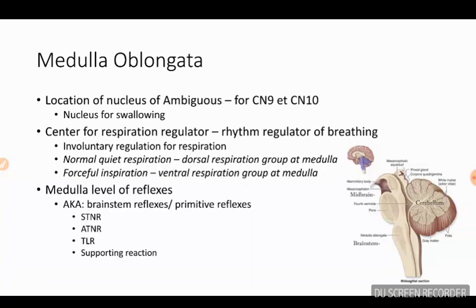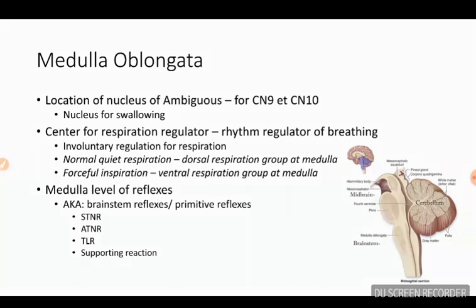And the last part of the brainstem, medulla oblongata. The medulla oblongata has its nucleus, which is responsible for swallowing. And that nucleus is your nucleus ambiguus. Attachment of cranial nerve number 9, which is your glossopharyngeal nerve, and cranial nerve number 10, or also known as vagus nerve.